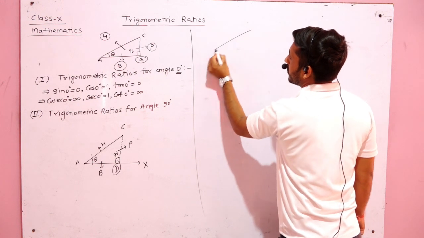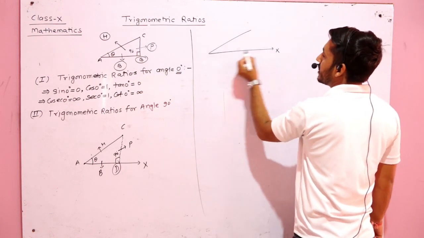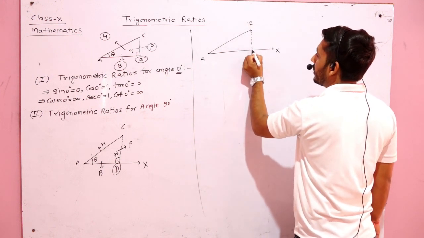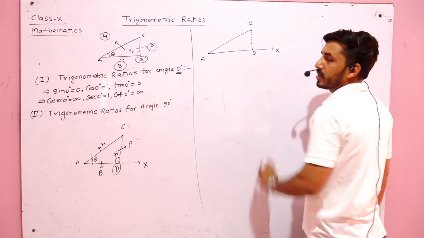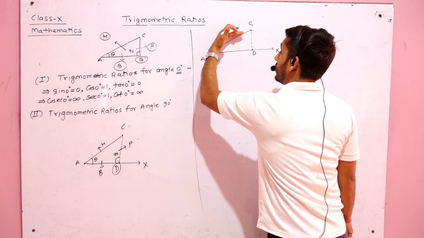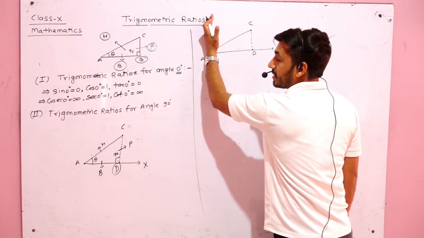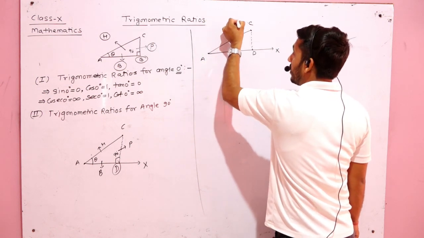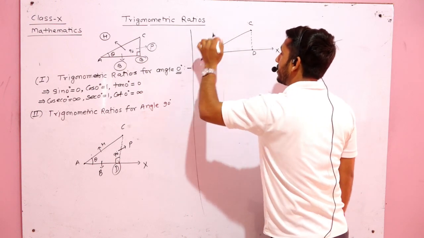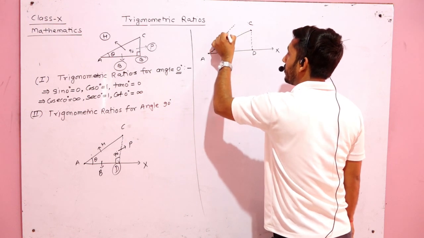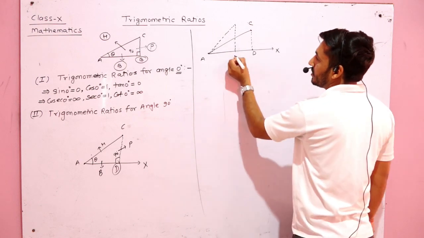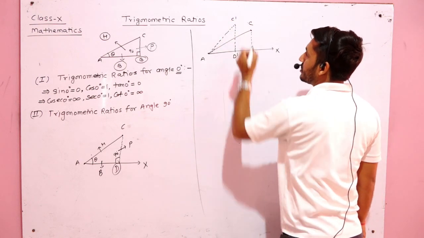Okay, first one is, this is X, this is point A, this is point C, and the perpendicular intersects at point D. First I am moving this side to make an angle of 90 degree, then this side will move towards the perpendicular. It is given here and the perpendicular will be here, you can see, and this point is D dash and this point is C dash.